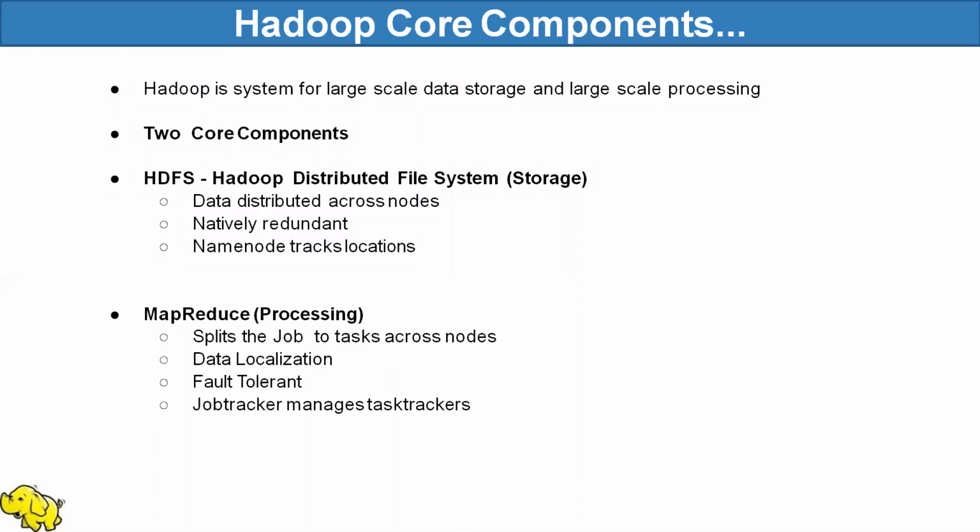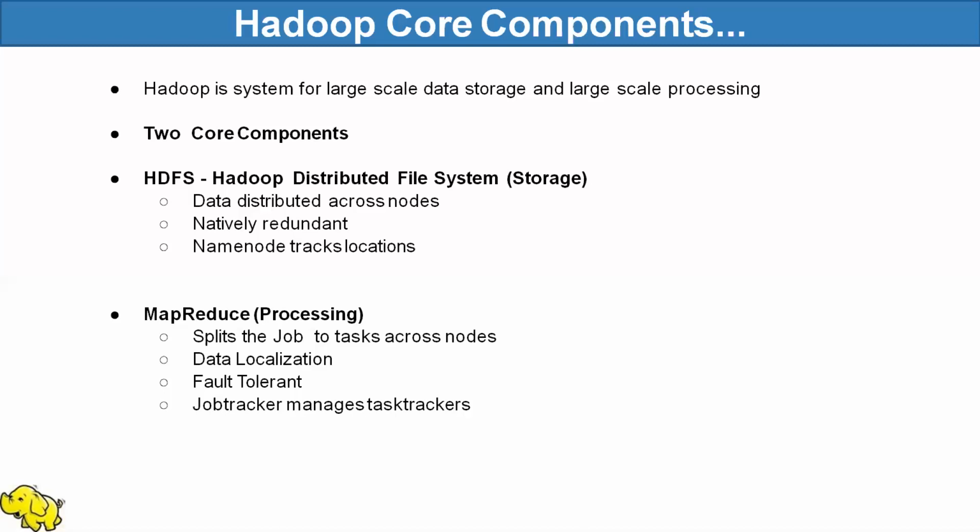Related to storage, I can name the storage level aspect as the Hadoop distributed file system, where you can distribute the data across the nodes, and they are natively redundant, and the name node tracks the locations. And MapReduce allows us to process the data, and it splits the job into tasks across nodes, which provides data localization and helps with fault tolerance.